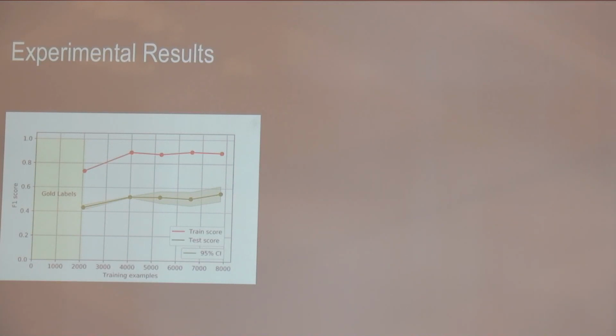If we have a look at the learning curve in this scenario, we can see that when we start from the small gold-labeled set, as we gradually increase the labeled set with much more weakly generated labels, the performance improves.